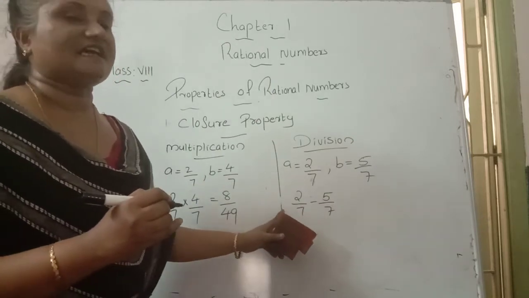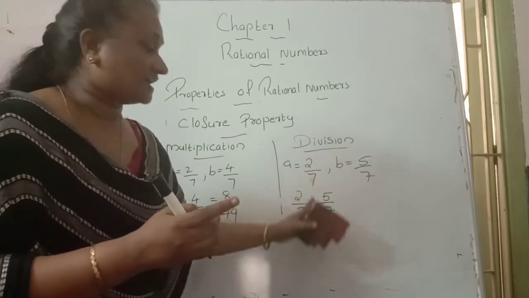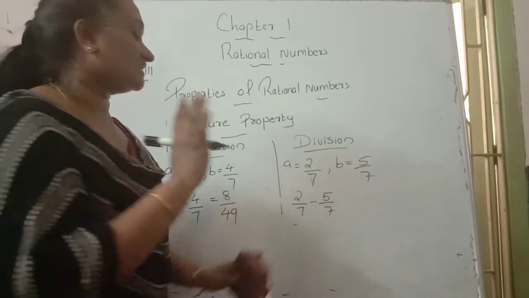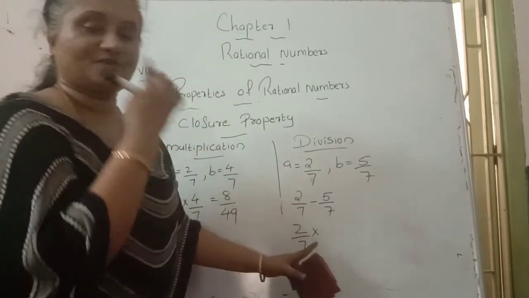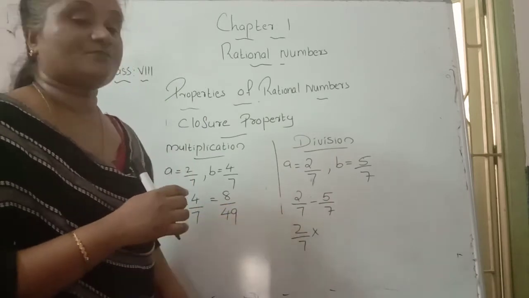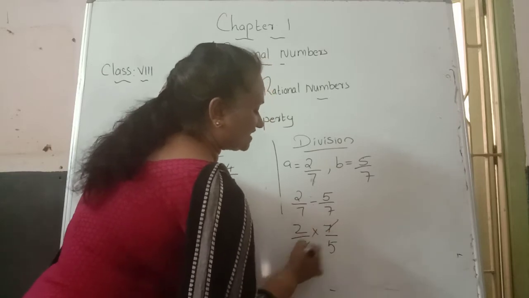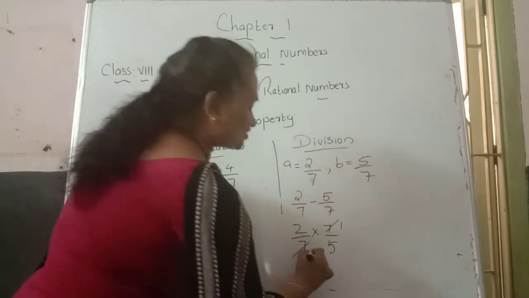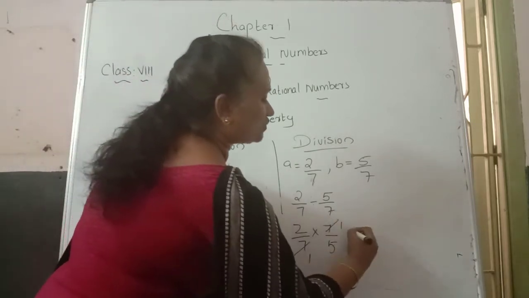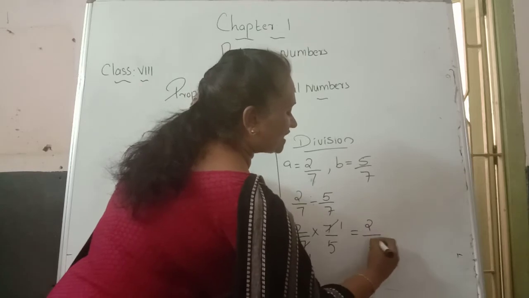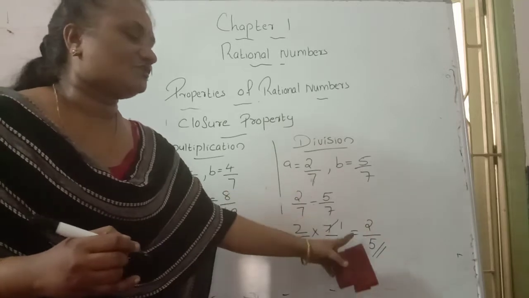Direct division is not possible, so we take the reciprocal of the second rational number and multiply. 2 by 7 into, the division symbol changes to multiplication, the reciprocal of 5 by 7 is 7 by 5. Here 7 and 7 cancel, we get 1. Then multiply 2 into 1 is 2, and 1 into 5 is 5. So we get another rational number. That's why it is satisfying the division case.